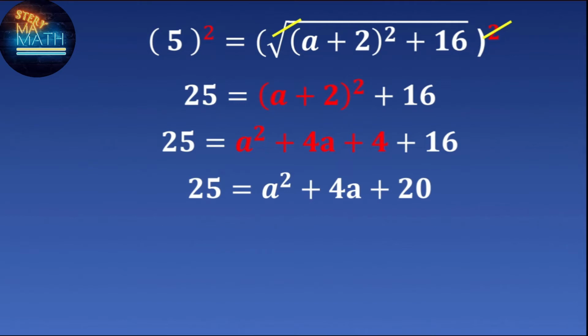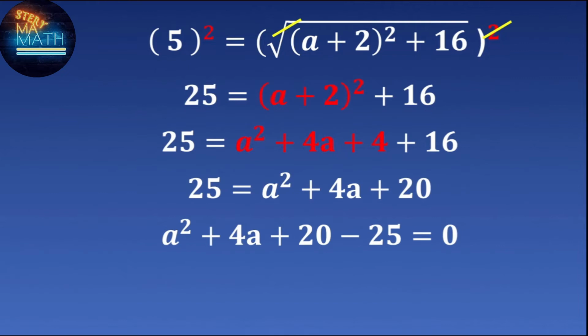And because you have a quadratic equation, you can factor it. But before factoring, you can subtract 25 from both sides. So a squared plus 4a plus 20 minus 25 is equal to 25 minus 25, which is 0. And 20 minus 25 is -5.